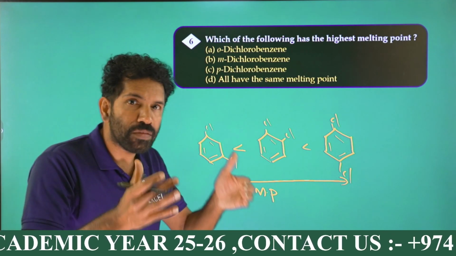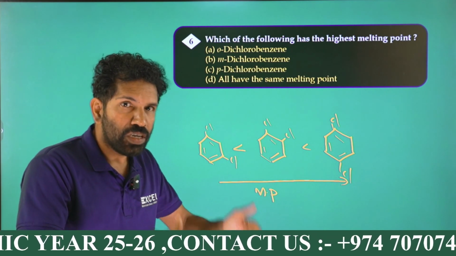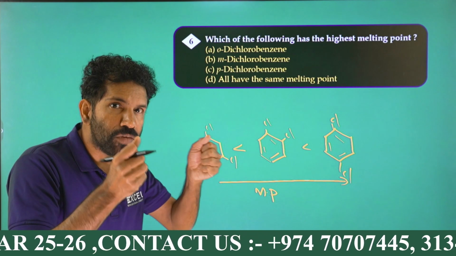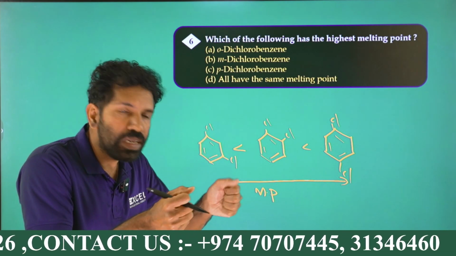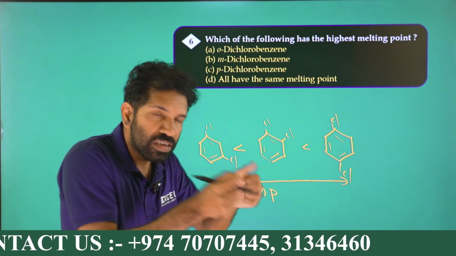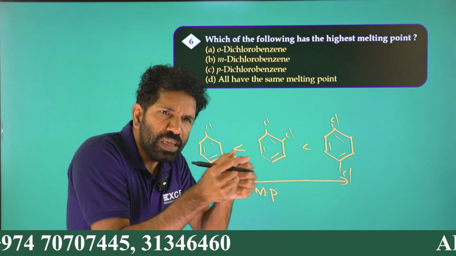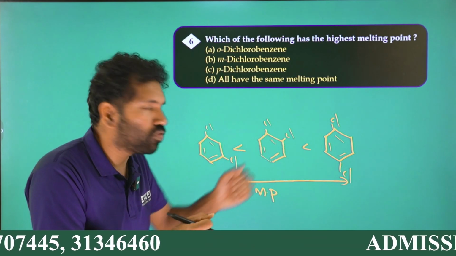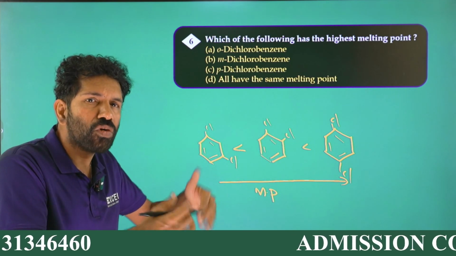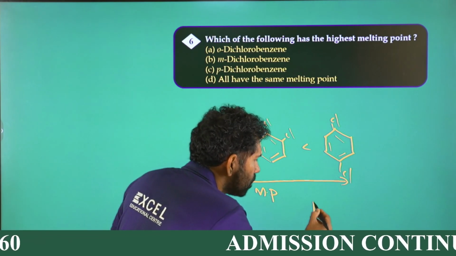Melting point is a property of solids, and in the solid structure it depends upon how closely molecules are arranged. Because of its geometry, we can arrange them so closely.